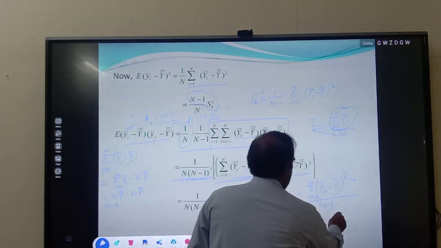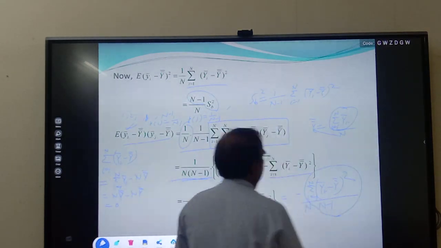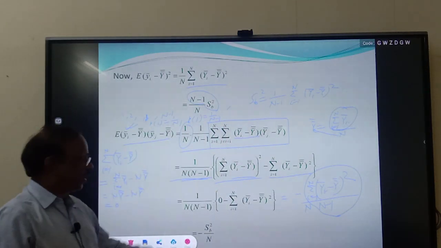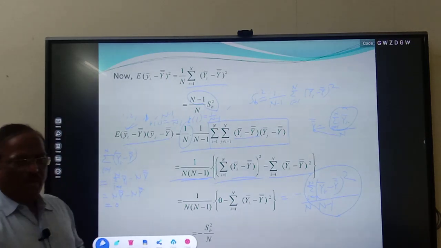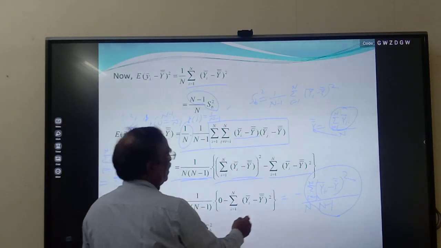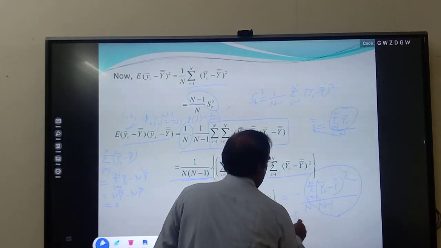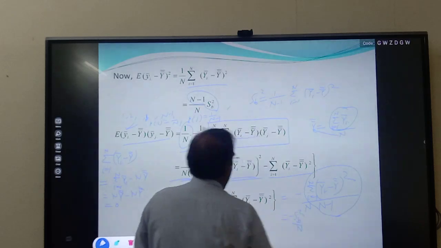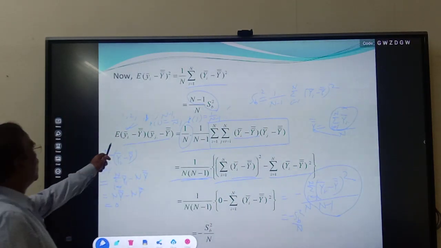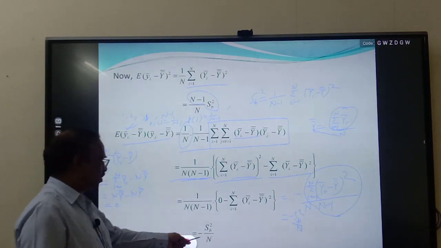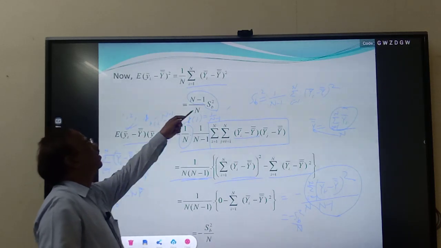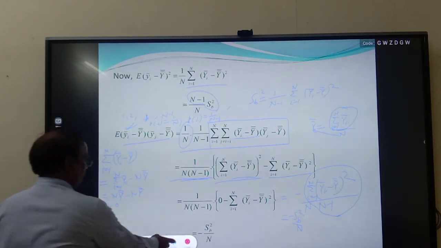Now this term, sum i goes from 1 to n of (yi dot bar minus y double bar) whole square by n minus 1, we are writing as SB square. So this is SB square by capital N minus SB square by capital N. So expected value of this is equal to minus SB square by capital N, and expected value of this first term is equal to this much.